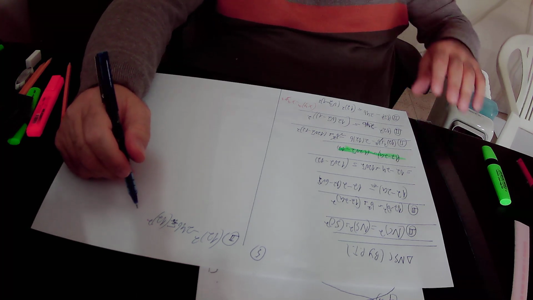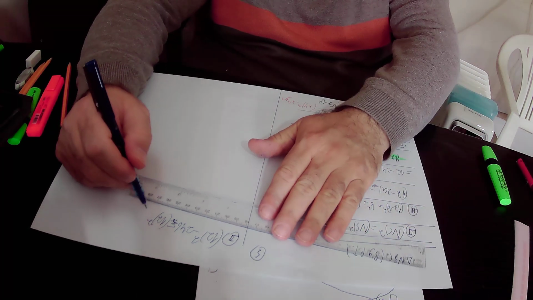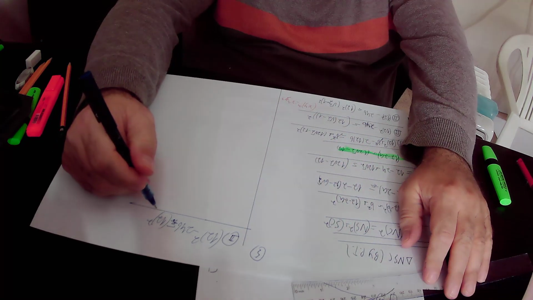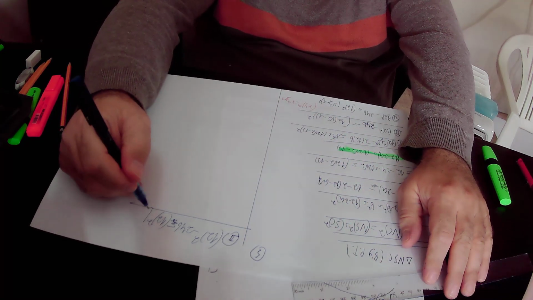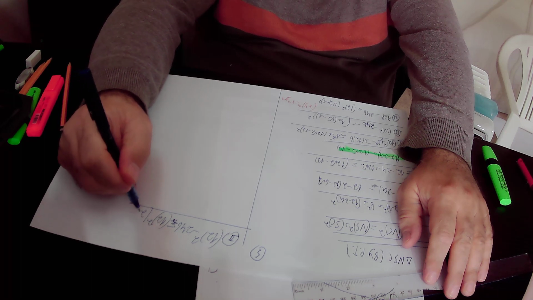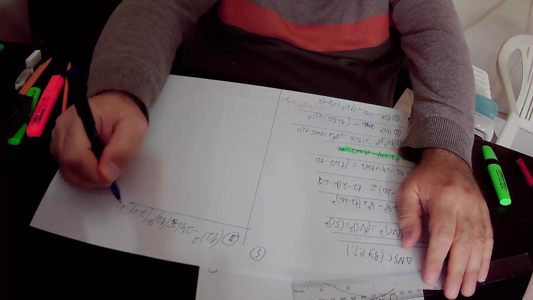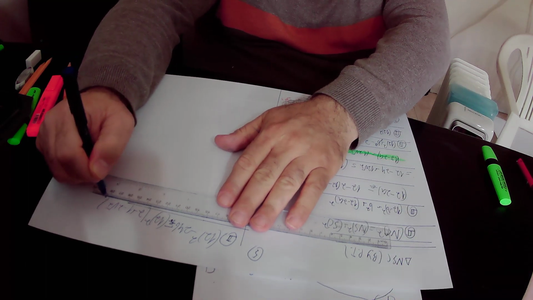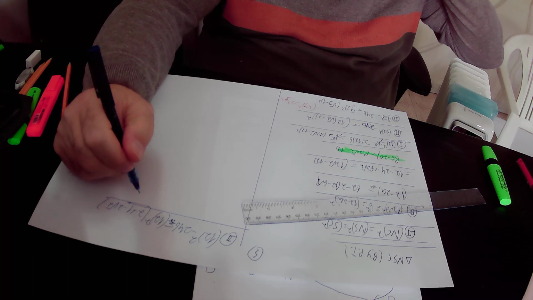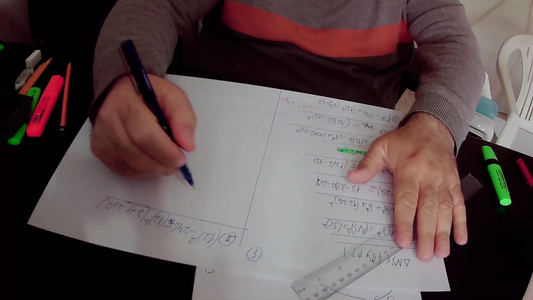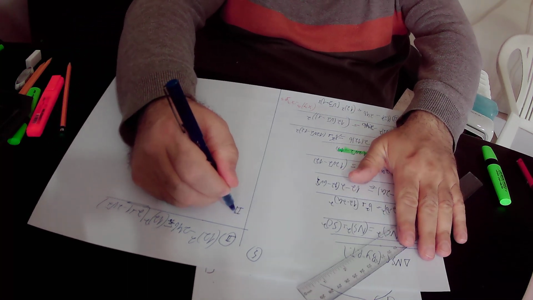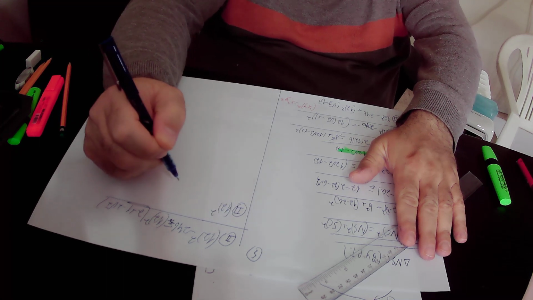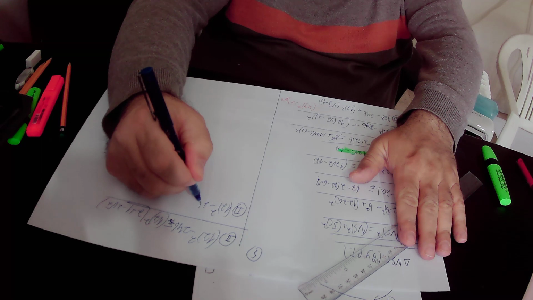Square root of 2 minus 1, squared, is equal to square root of 2 squared, that is 2, plus 1 squared, that is 1, minus 2 times square root of 2 times 1. So according to equation number 2, we have 12 squared minus 24b.